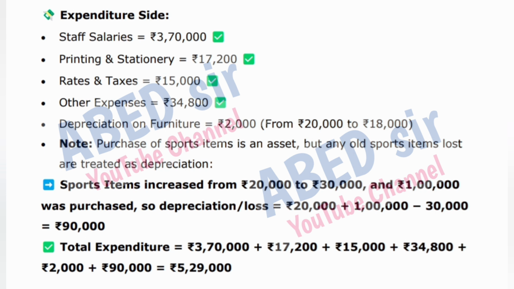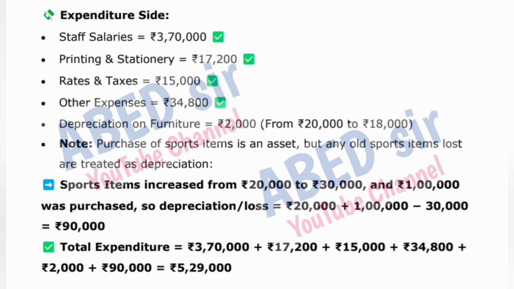Printing and stationery is 17,200 rupees. Rates and taxes is 15,000 rupees. Other expenses is 34,800 rupees. Depreciation on furniture is 2,000 rupees, from 20,000 to 18,000 rupees. Note, purchase of sports items is an asset, but any old sports items lost are treated as depreciation.